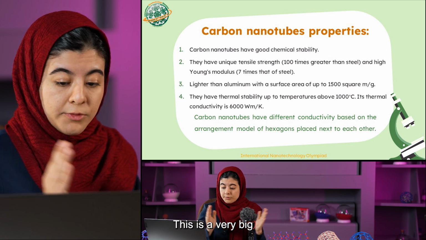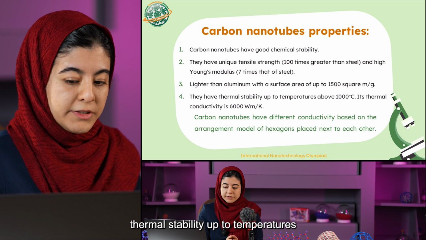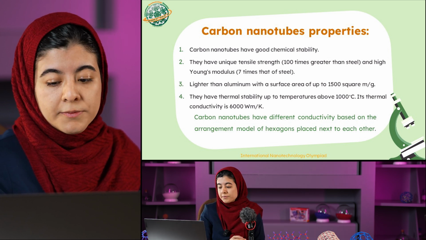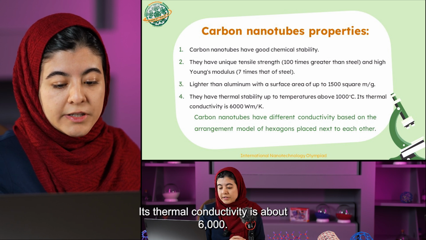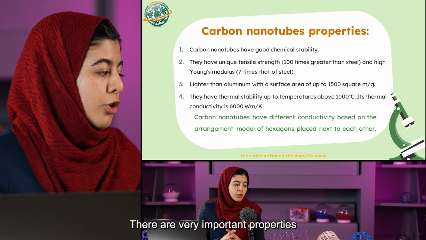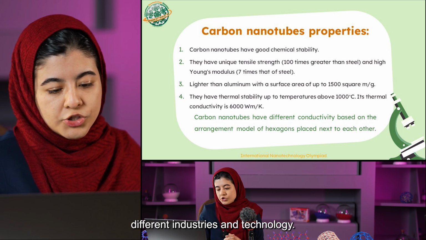This is a very big surface area, and they have thermal stability up to temperatures of about 1,000 degrees centigrade. Their thermal conductivity is about 6,000. These are very important properties that we can use in different industries and technology.